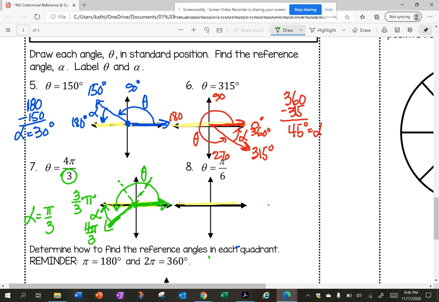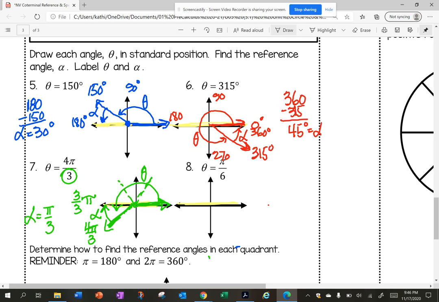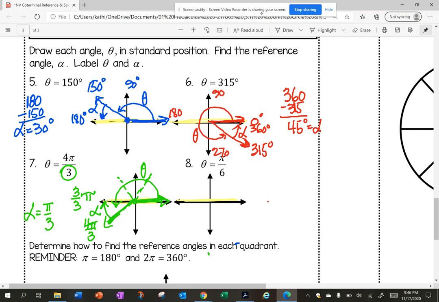All right, let's try the last one. Can we do purple? Pi over 6. I always draw the initial side on the positive x-axis. So here is 0. Here is pi. I'm interested in what the denominator is. So this is 6/6, and I want 1/6.